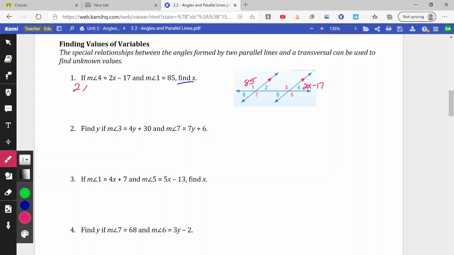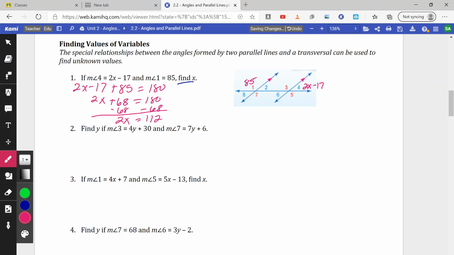So we can say 2x minus 17 plus 85 is going to give me 180 degrees. If I add my like terms, we get 2x plus 68. It's going to give me 180. I'll subtract 68. So I end up with 2x is equal to 112.